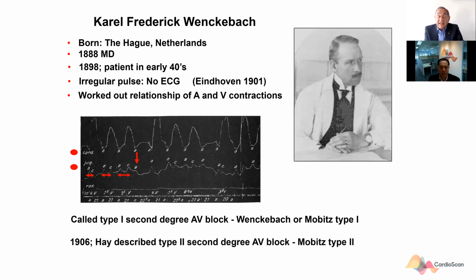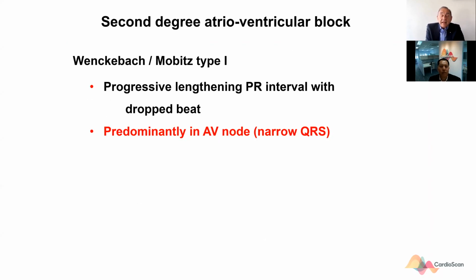In 1906, before ECGs were generally used, Hay described type 2 second degree AV block, or Mobitz type 2, and it was left to Mobitz in the 1920s to classify this using the electrocardiograph. In summary, Wenckebach or Mobitz type 1 is a progressive lengthening of a PR interval with a drop beat.